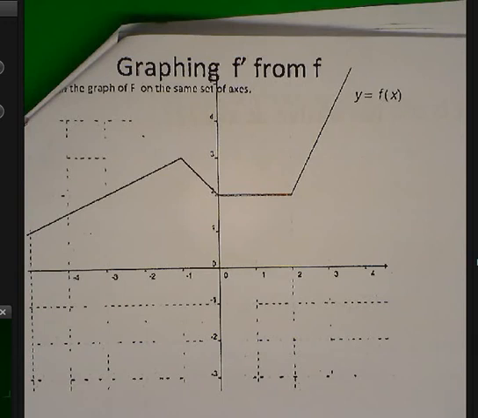Okay, let me start you off a little bit. I want you guys to kind of struggle with this and figure this out on your own. But then again, there's no time. So yes, this is like the blue graph from yesterday, and I want you to draw the green graph, the derivative graph. So you have to pick a point, and think about what's the slope of the tangent at that point.